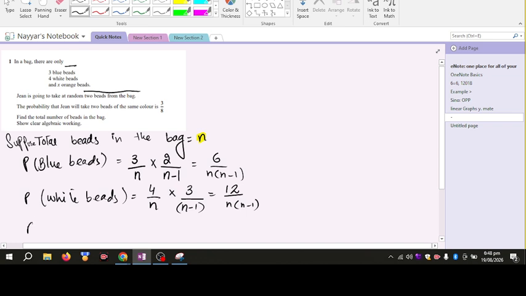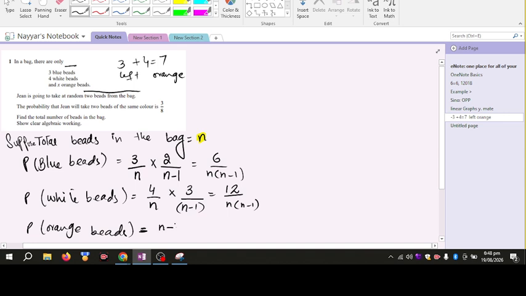Let us find out the probability of orange beads. You know that the blue beads are 3 and the white beads are 4, so together they are 7. So, the leftover are orange. Can I say that the probability of orange beads is, from the total, if I subtract the blue and the white beads, I am left with orange beads?